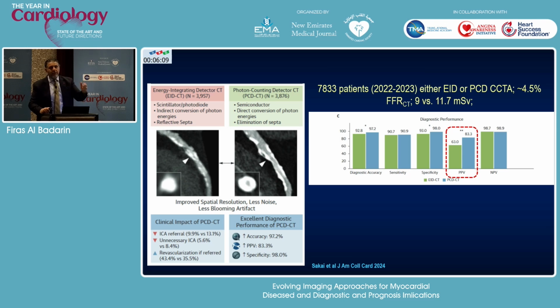And for those of you who do cardiac CT, we tend to overcall stenosis severity on CT. So you will look at the CT, you will see, oh, this is a 70%, you send them to invasive angiography, and it turns out to be 30 or 40. And that has to do with the inherent limitations of the technique that is available today, volume averaging and so on.